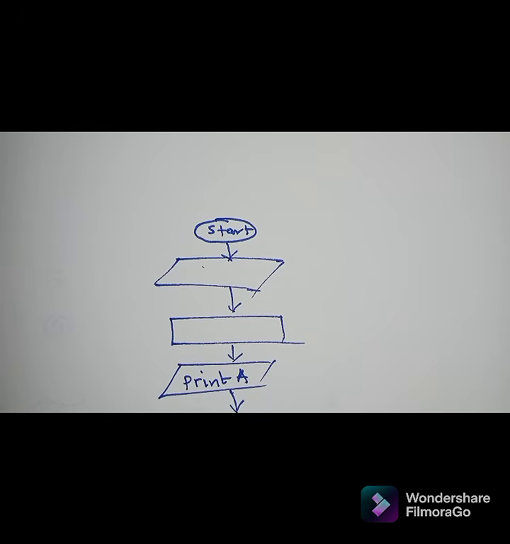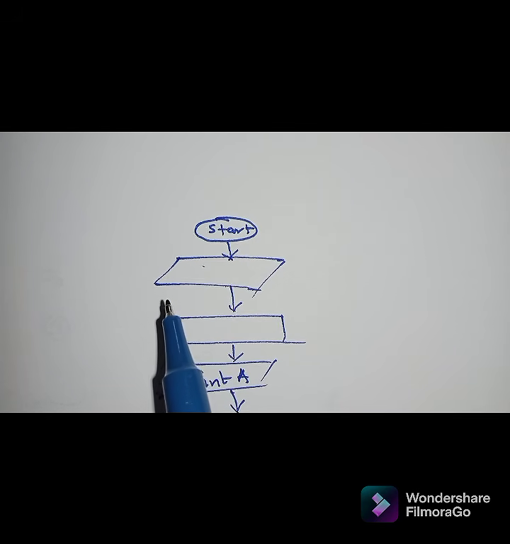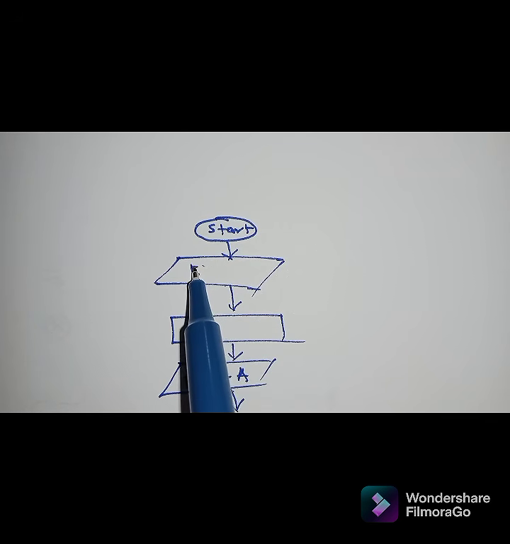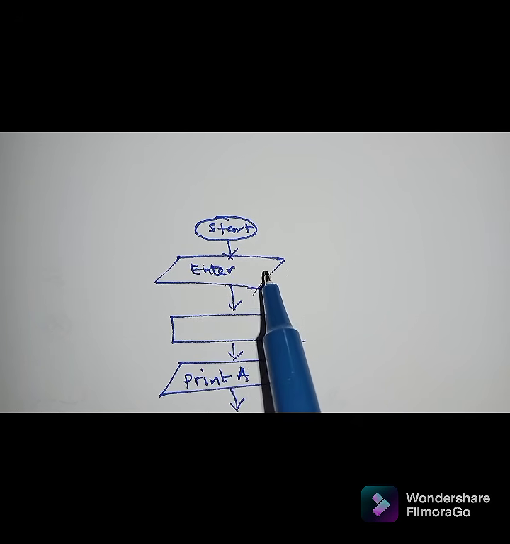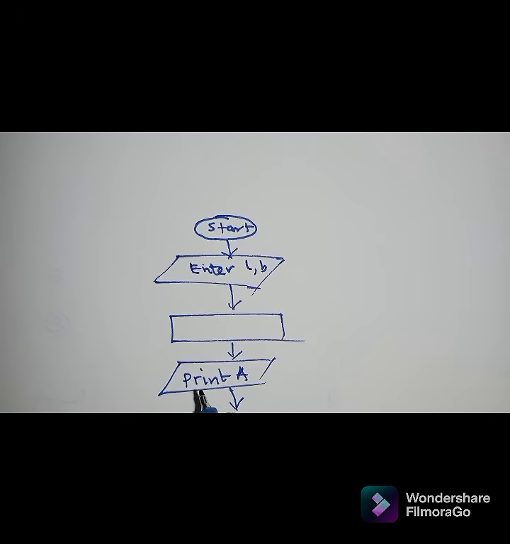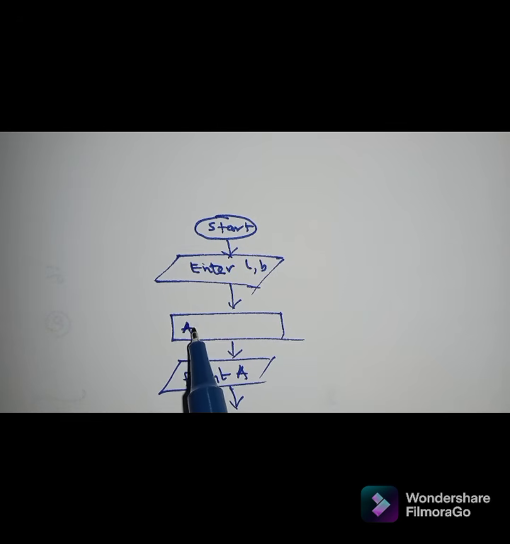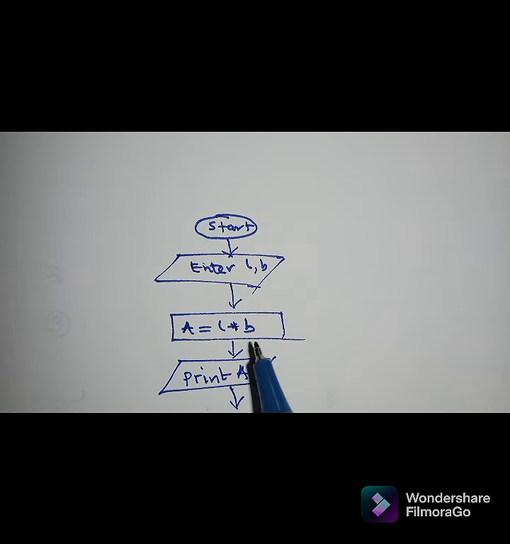So now they want us to put what is supposed to be here. So here there's supposed to be, remember, enter L, B. Here it's supposed to be area is equal to L times B.